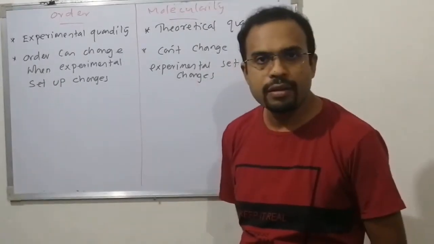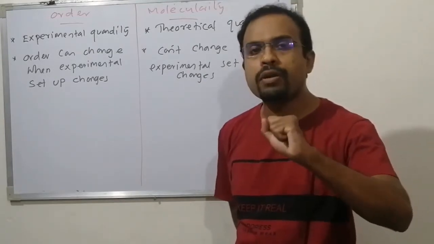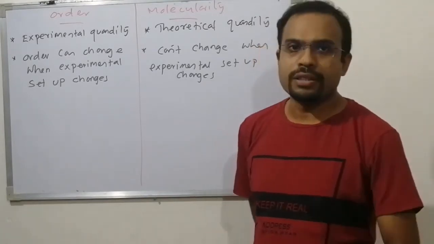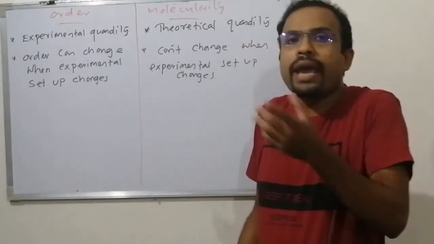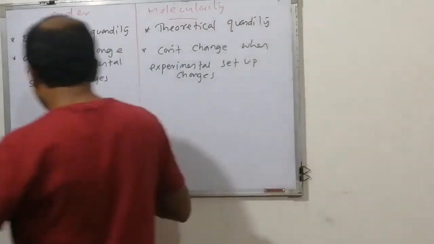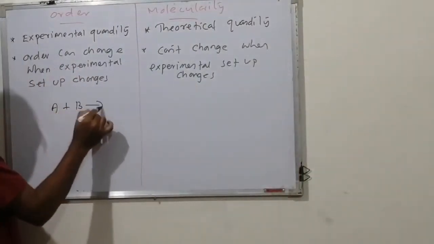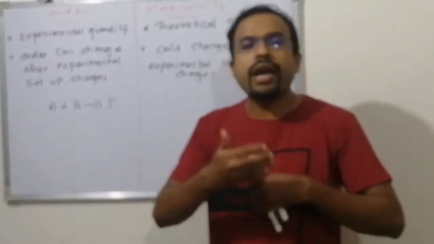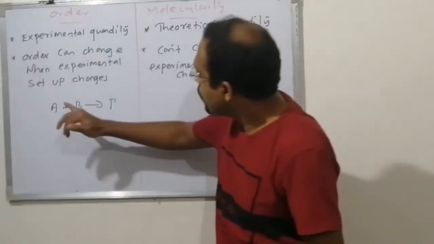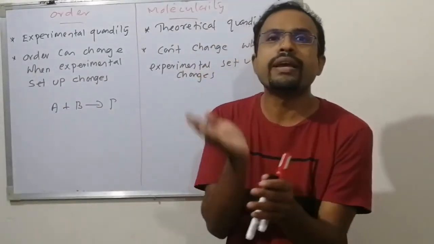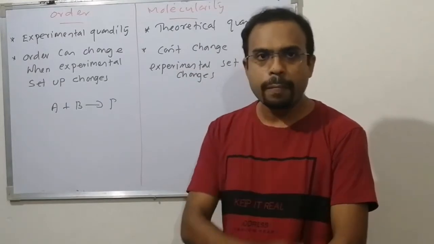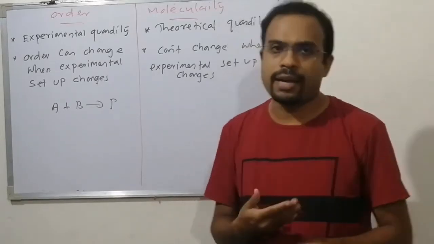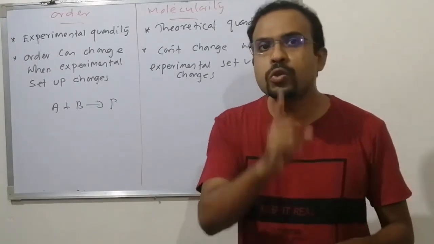What does it mean? I said to you, order is the number of molecules whose concentration determines the rate of reaction. Suppose you take A and B reactants and they give the products. You want to know whether the reaction rate increases when the concentration of A increases. This could be understood only when you do the experiment.